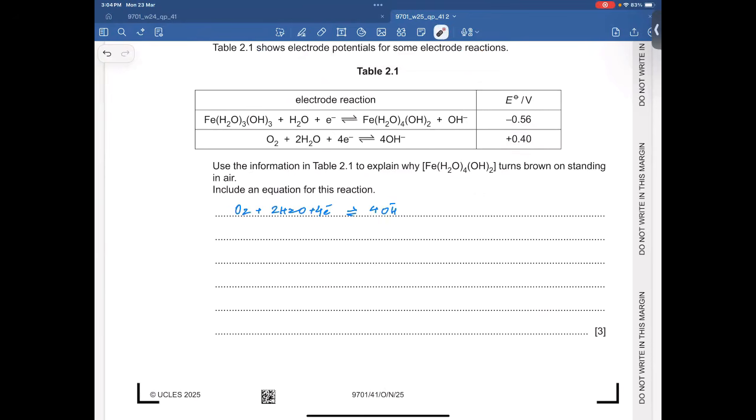And in order to write the oxidation form, I need to flip this equation.